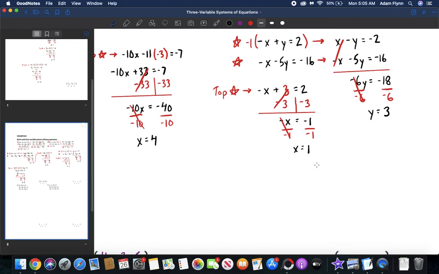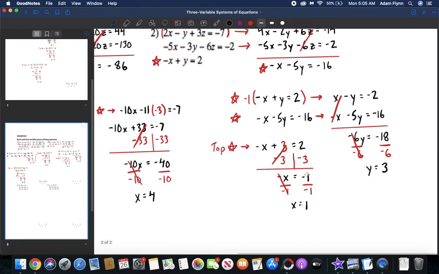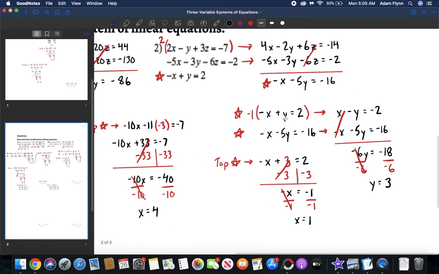I can take those two variables and plug them into, well, my options are a little bit more limited here, a little bit more strict. I can pick my top equation or my middle equation and solve for z. So I'm going to take my top equation. So let me write that.